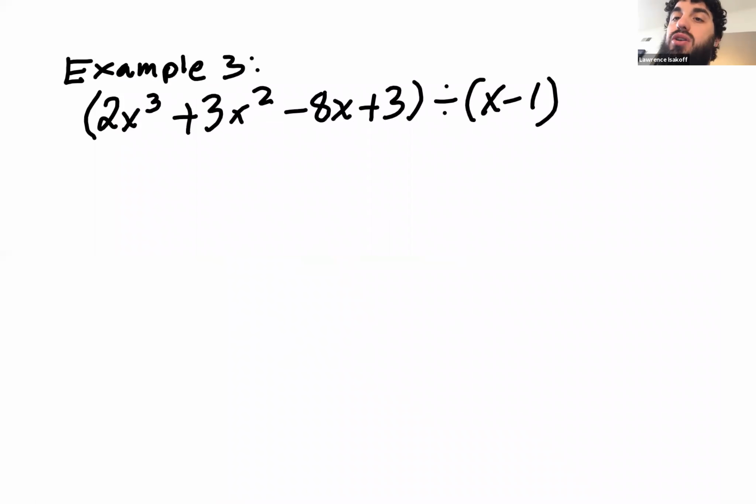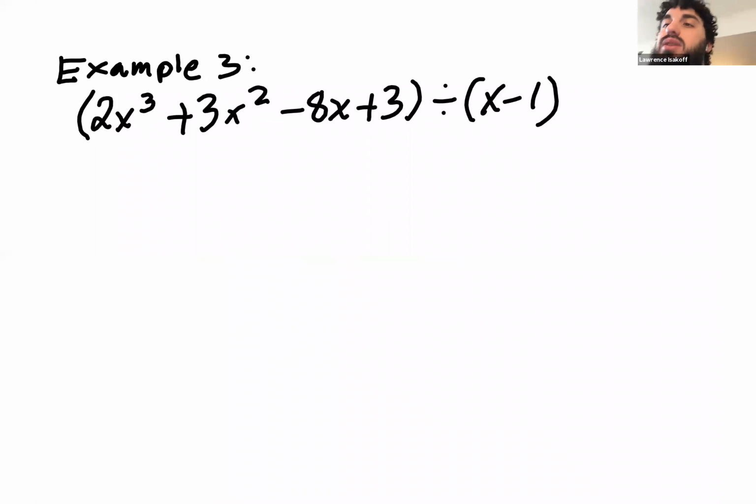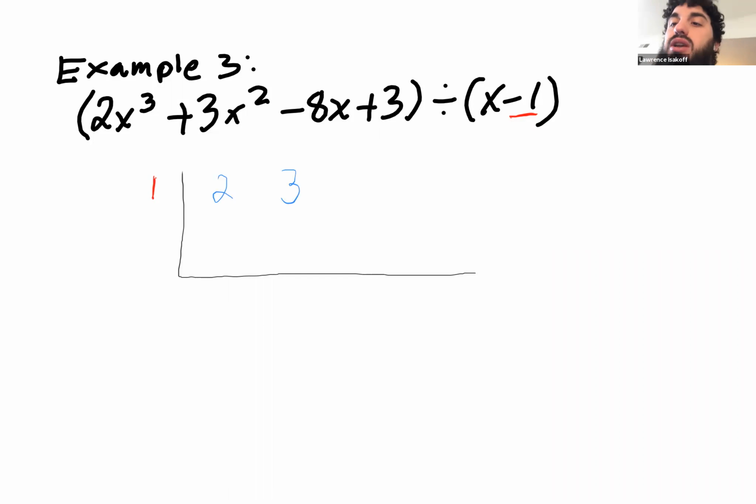So here's another example with this. This one has a negative here, so I want to flip that to a positive 1. Now this one conveniently has all the terms I need: x cubed, x squared, x, and a whole number. So I don't even have to write 0 placeholders.